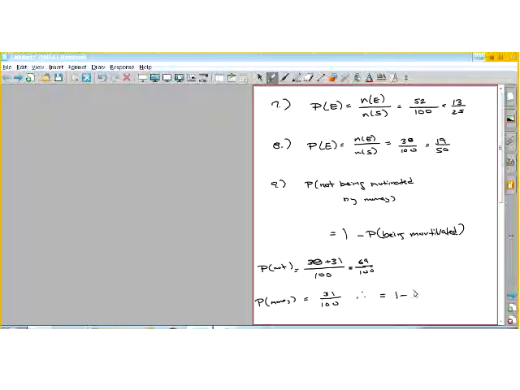Then you can calculate 1 minus this number, where 1 is 100 divided by 100, just to get a common denominator. So 100 minus 31 is 69 over 100. You see we get the same answer.